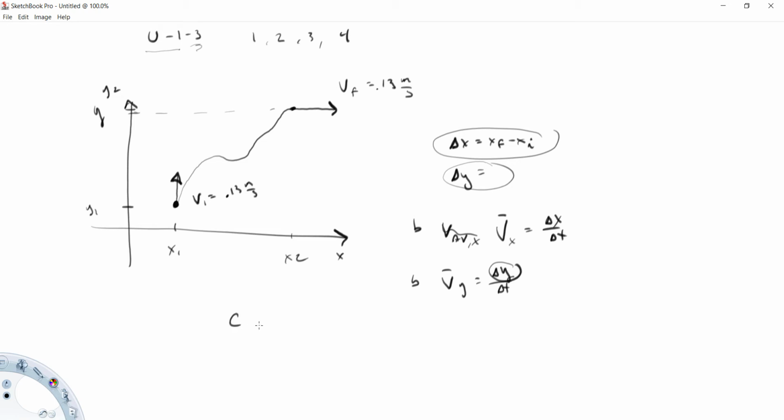Part C, where it says to find the average acceleration. So you're going to have an average acceleration. Again, that's what that bar means, in the x direction. Take your change in velocity in the x direction over your change in time. Now you're going to have to calculate this change in velocity in the x direction here.